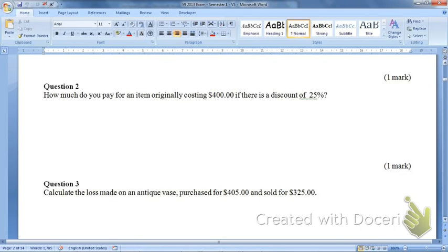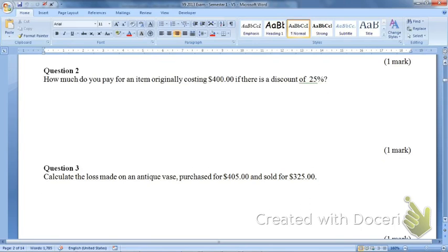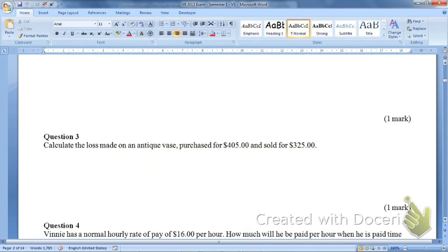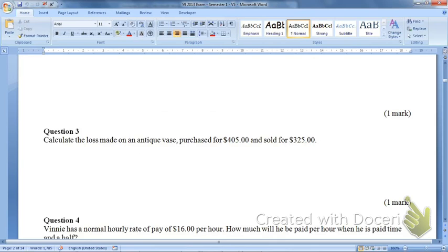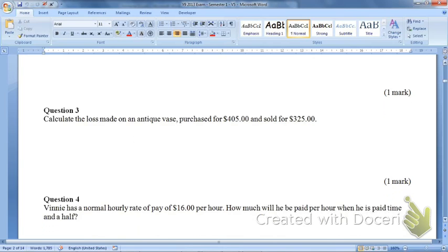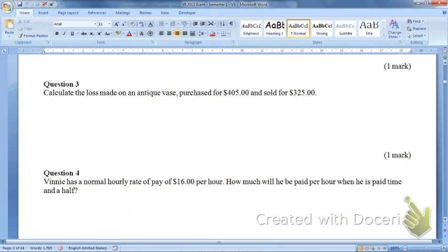Question 3. The loss made on an antique vase. Purchased for $405 and sold for $325. All you need to do is subtract.